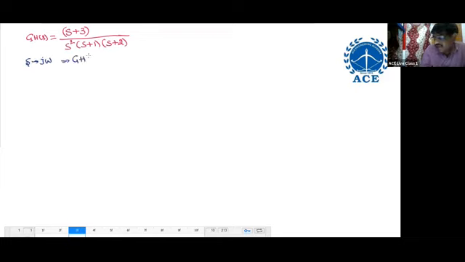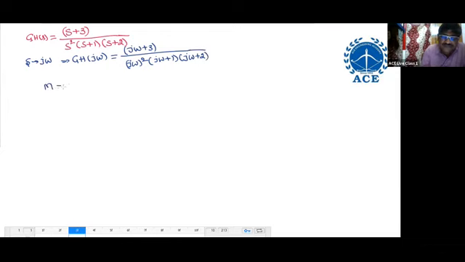GH of j omega equal to j omega plus 3 divided by j omega whole square into j omega plus 1, j omega plus 2.